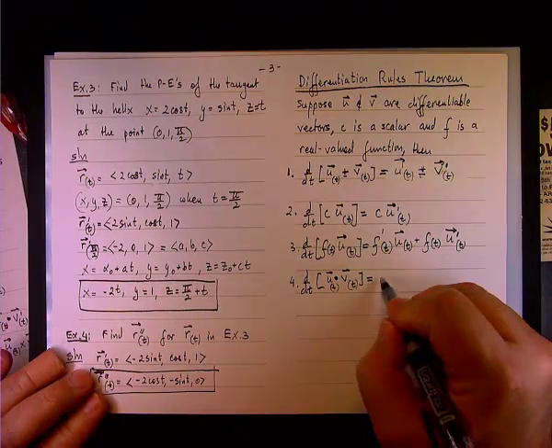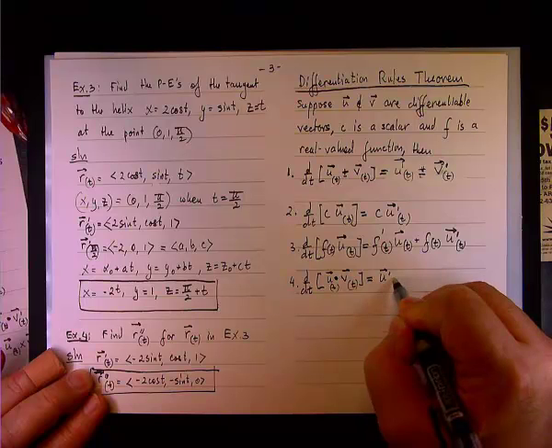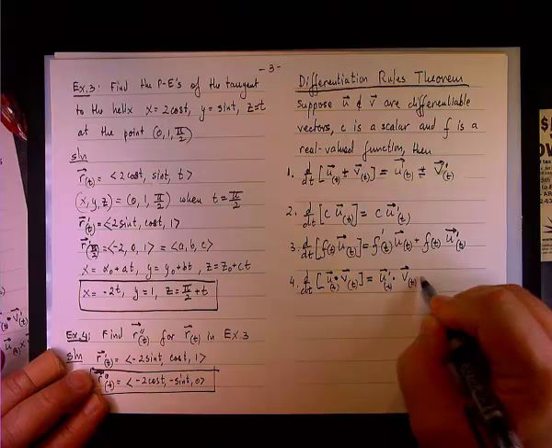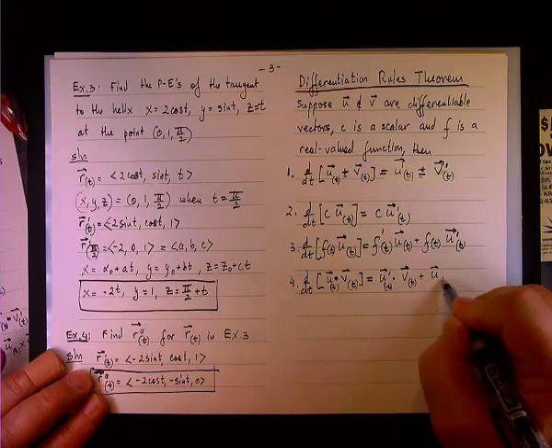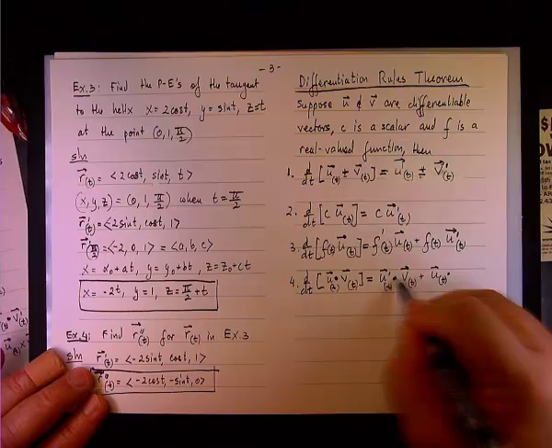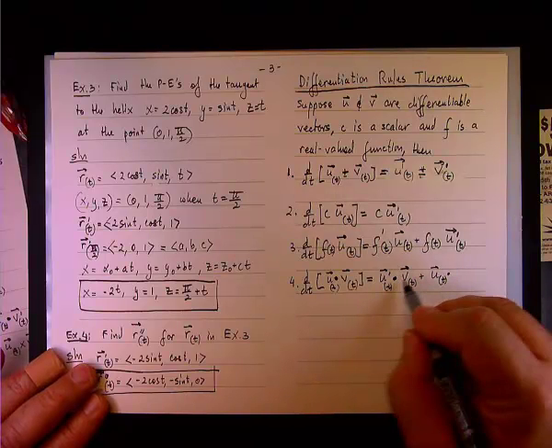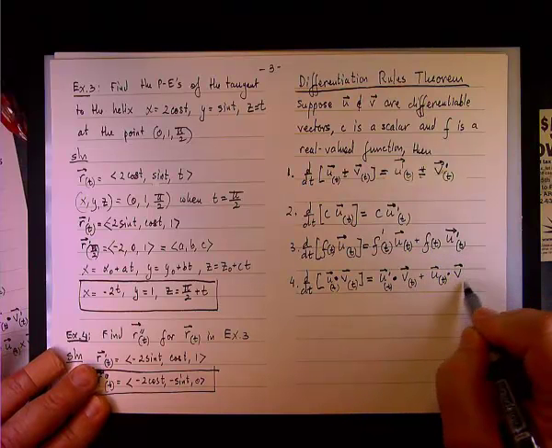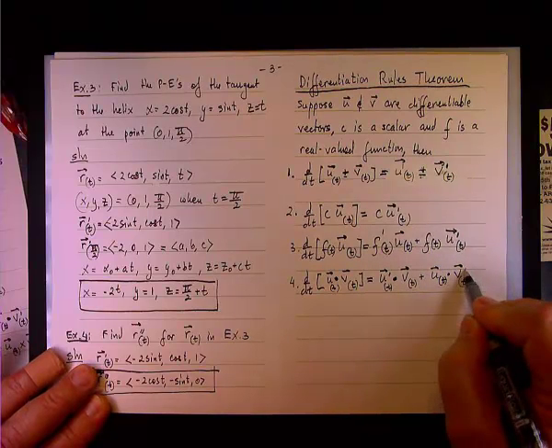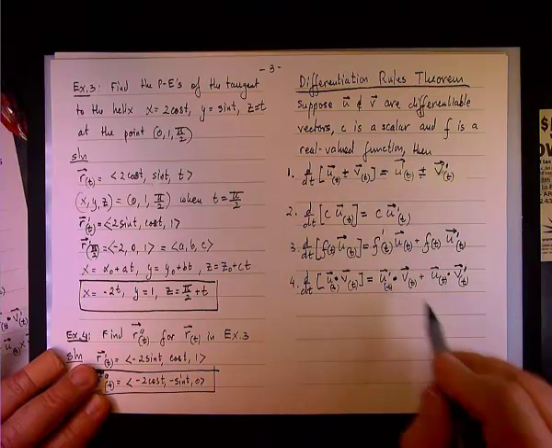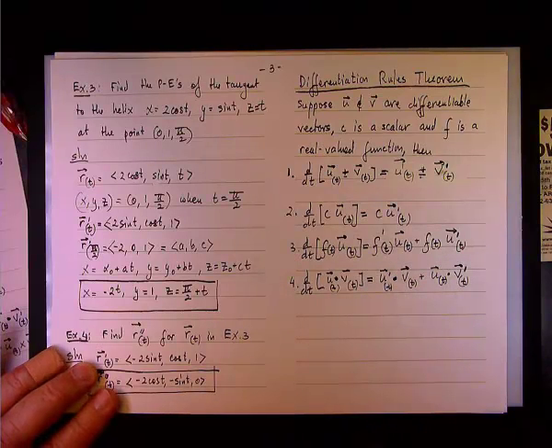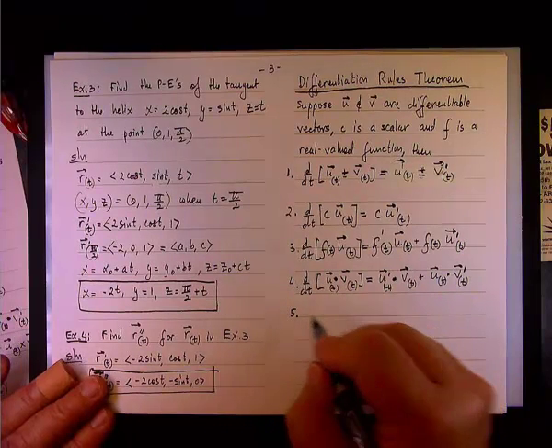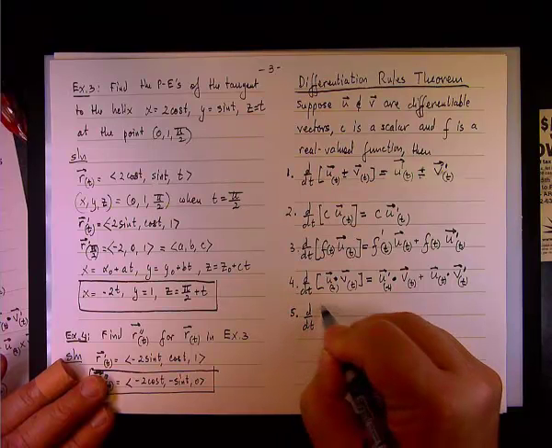But remember, this is a dot product, so the result is a scalar. All the multiplication here is a dot product because we are dealing with two vectors. So u prime dot v plus u dot v prime.